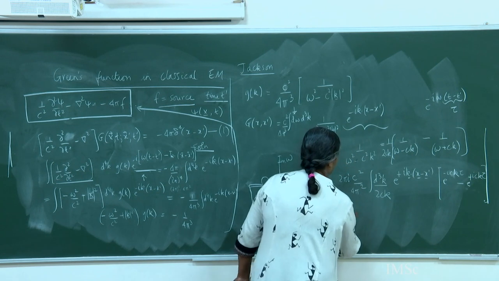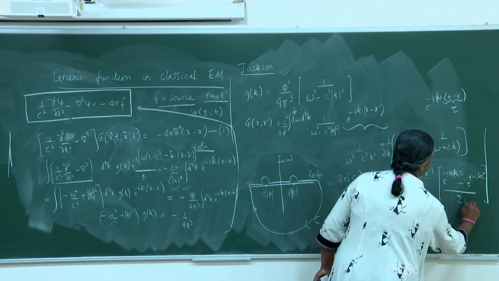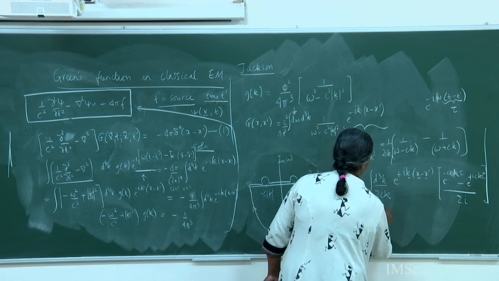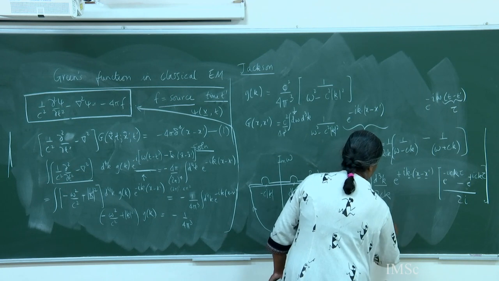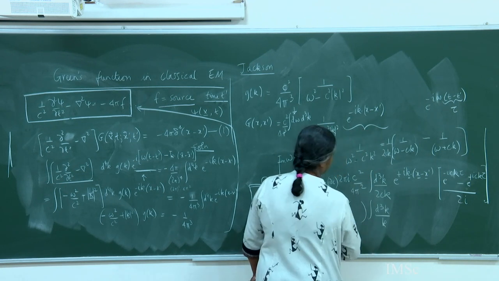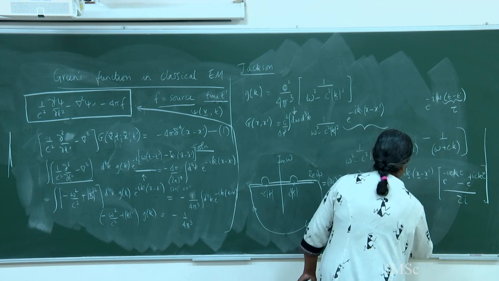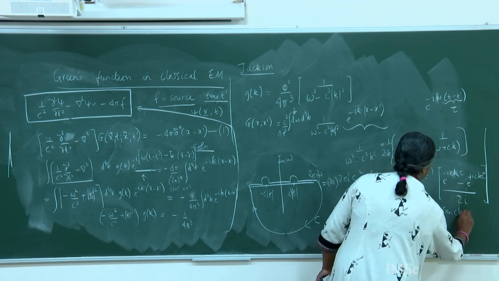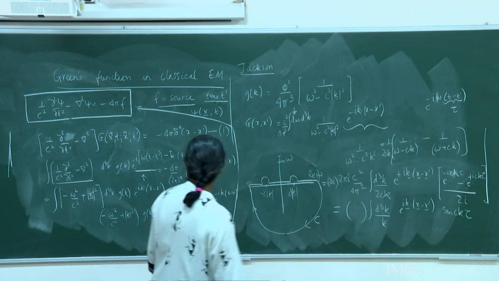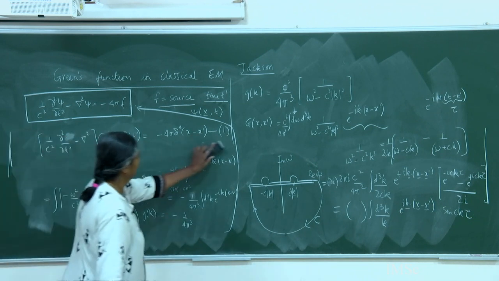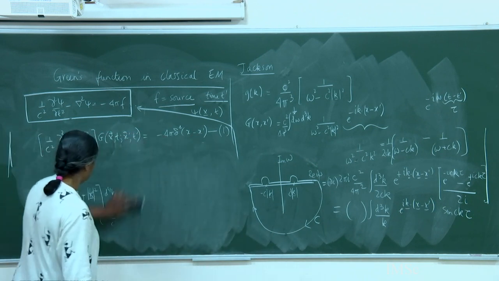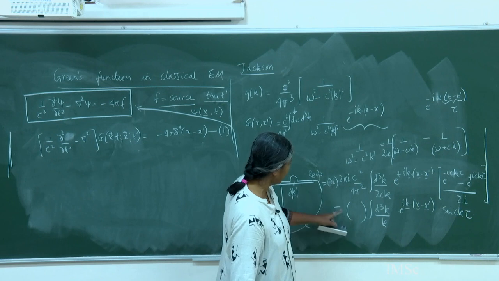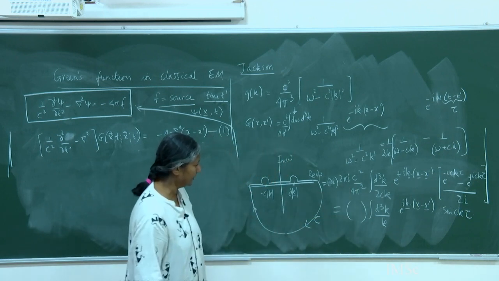So if I divide this by 2i and multiply this by 2i, I will get d cubed k by k, some overall factors which I don't care about, e to the i k dot (x minus x prime), and then sin ck tau. Up till here is okay? And this i and i becomes minus 1, so there are no i factors. There are lots of c's and pi's and stuff like that.